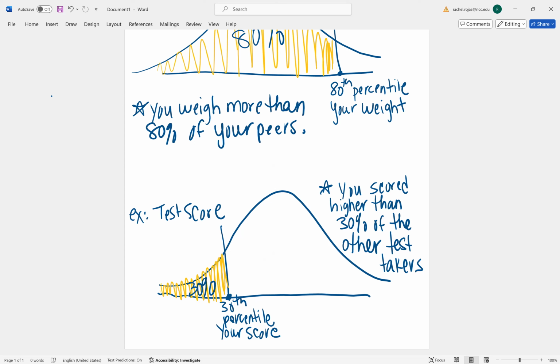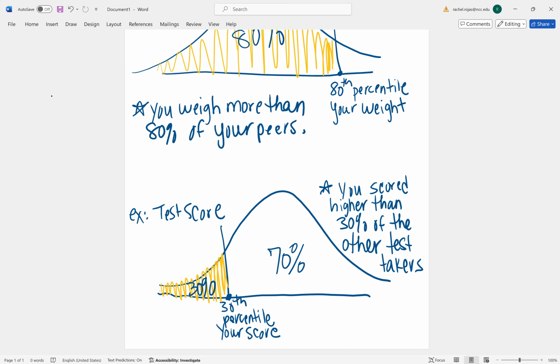So if the shaded area to the left of your score is 30%, then the area to the right would be 100% minus 30%, which is 70%. So another way to look at this is that 70% of the other test takers did better than you. So that's how we interpret percentile rank.